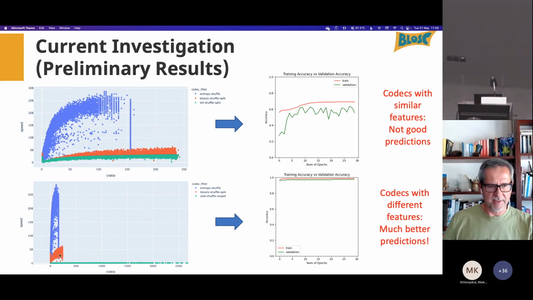However, when the codecs to be distinguished have much different features, like for example in this case Blosc LZ in red, and in green Zstandard, which is much slower but compresses much more than Blosc LZ, the accuracy of the neural network is much closer to 1, which is the expected thing.